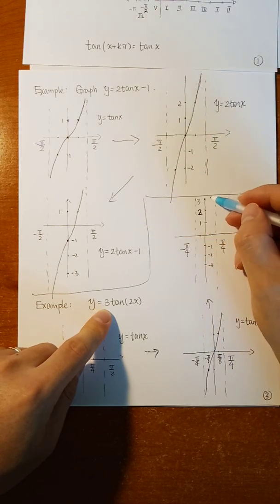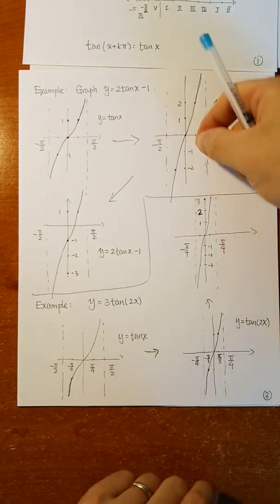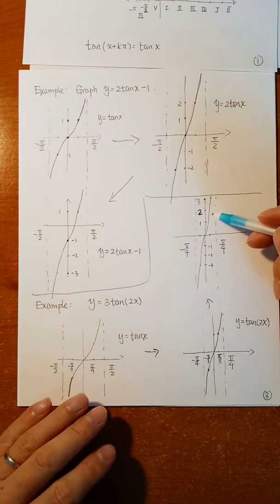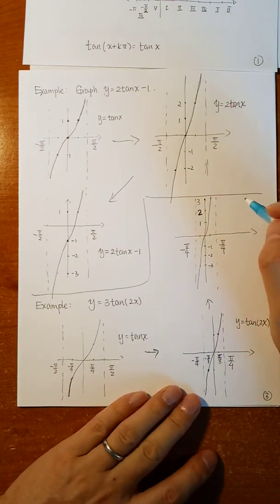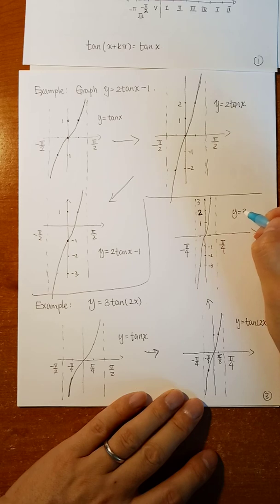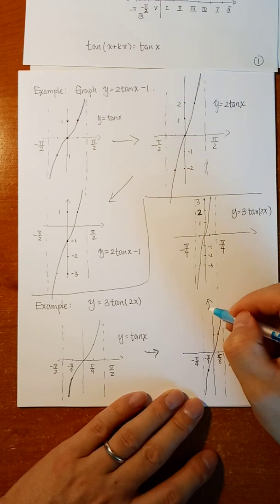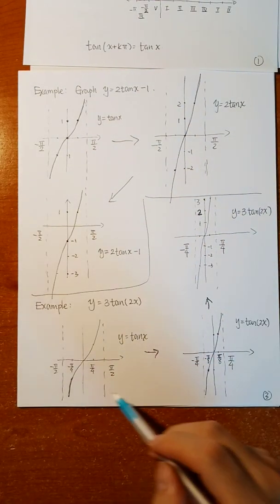And so, you just get the vertical stretch, you can get the idea. So it's even more steep, very, very steep. So it's y equal to 3 tangent of 2x. Okay, so this is a graph.